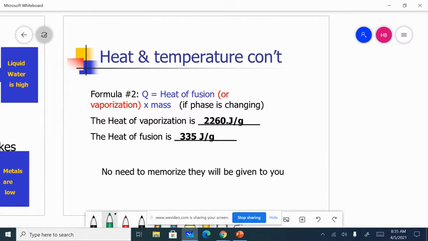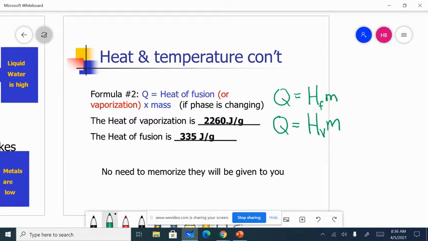So here's our second equation. It says Q equals heat of fusion or vaporization times mass. This is what you're going to see the formula written as if you are changing states from solid to liquid: the heat of fusion or enthalpy of fusion times the mass. If you are changing states from liquid to gas or gas to liquid, it will be the enthalpy of vaporization times the mass.